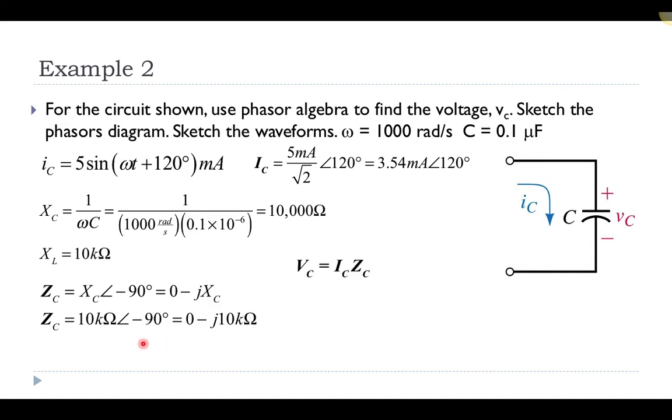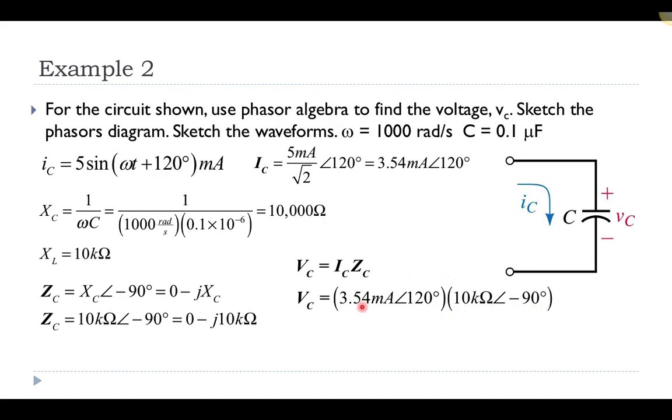Once I know what the capacitive reactance is and I know what the impedance is, I can use the equivalent of Ohm's law, and I know that the voltage across the capacitor is the current through the capacitor times the impedance of the capacitor, where these are all phasors. I know what the current is because I'm given that value, and I know what the impedance is for the capacitor.